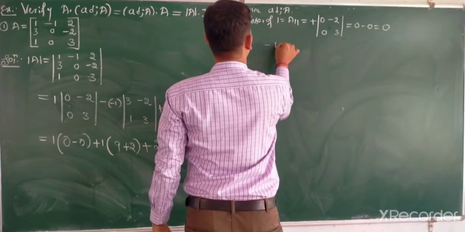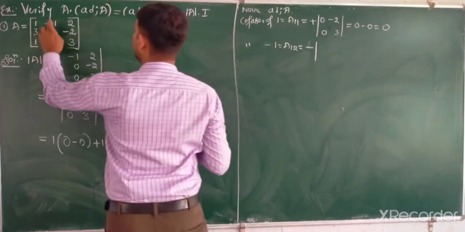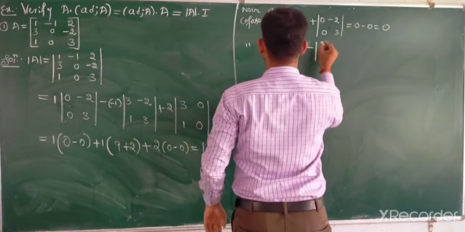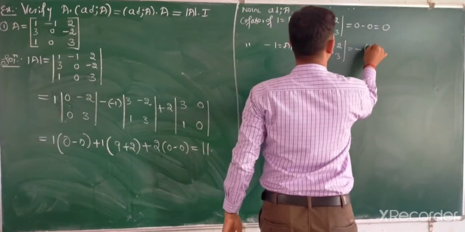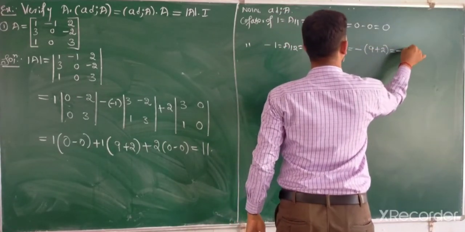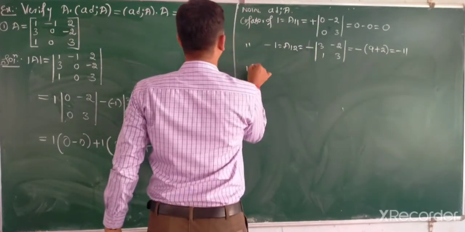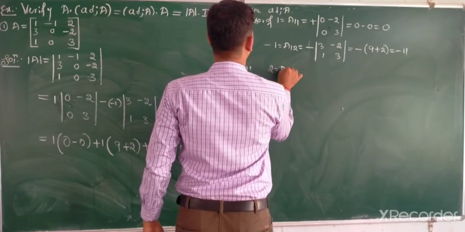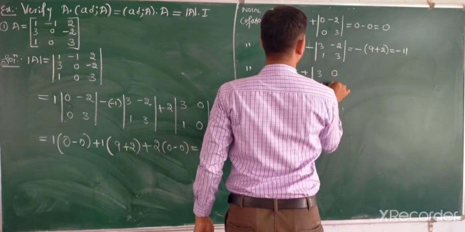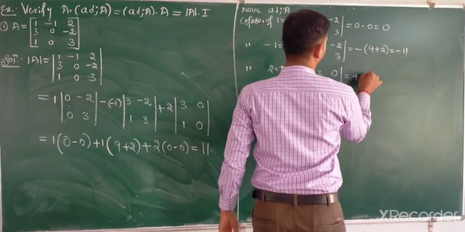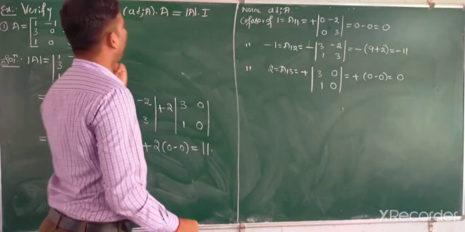Cofactor of 3, A12, position is minus: minus 9 plus 2, which is minus 11. Cofactor of 1, A13, position is plus: 0 minus 0, which is 0.